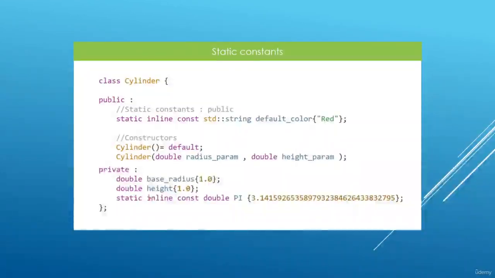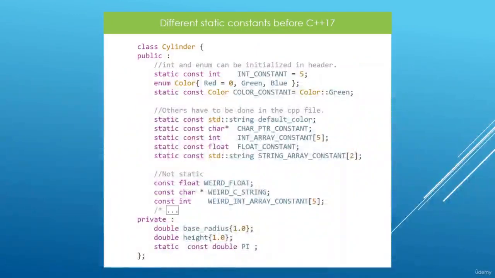We also saw that we could use the static mechanism to initialize our constants when the constants are really associated with the class object. This is really cool. We can do that, and we don't have to maintain these constants on the outside of the class. This is going to make our code much more manageable. We also had a chance to see that before C++17, it was really tedious to declare and maintain static constants.